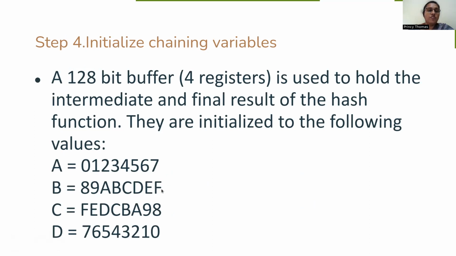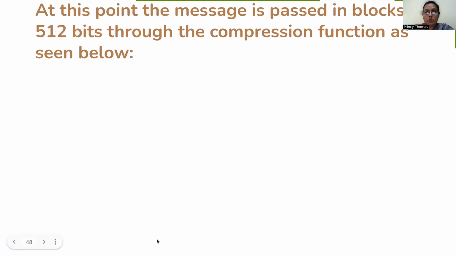So if you look from the back, F, E, D, C, B, A, 9, 8, and 7, 6, 5, 4, 3, 2, 1, 0 is for D. So these 4 values can be remembered easily. Initially, for the first round, these are the 4 initial chaining variables.